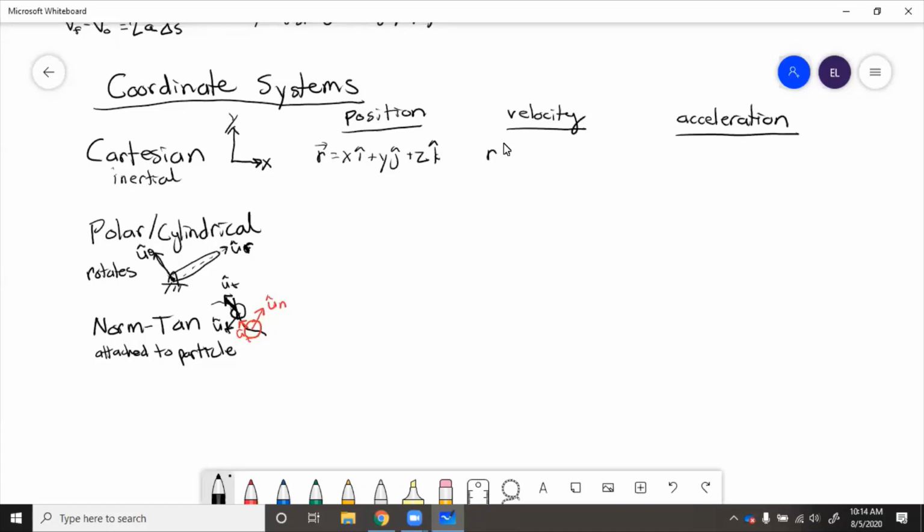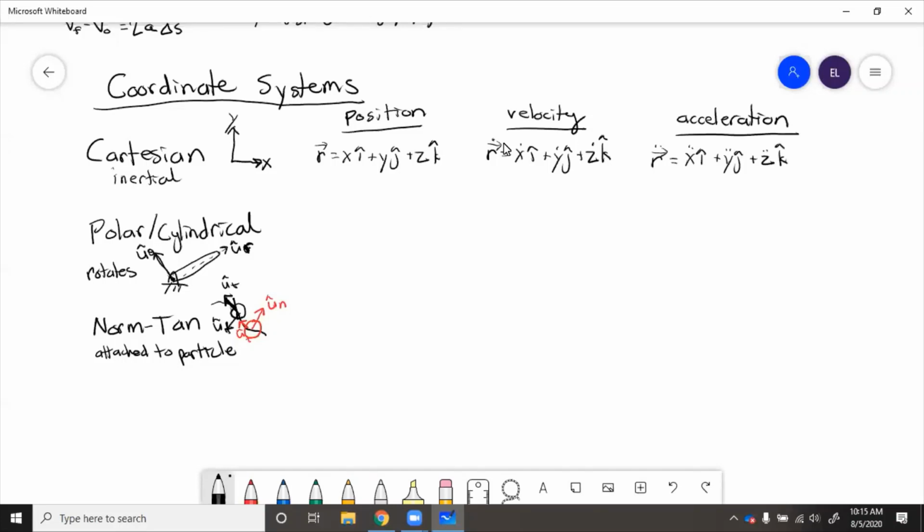Velocity is just the derivative. r dot equals x dot i plus y dot j plus z dot k. Since this is an inertial frame, i hat, j hat, and k hat don't change, so we don't do their derivatives because their derivative is 0. And finally, for acceleration, r double dot, take time derivative again: x double dot i plus y double dot j plus z double dot k.